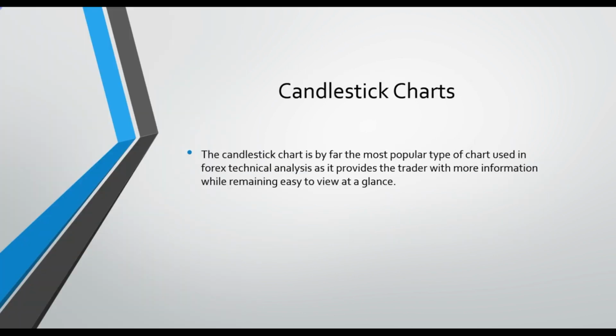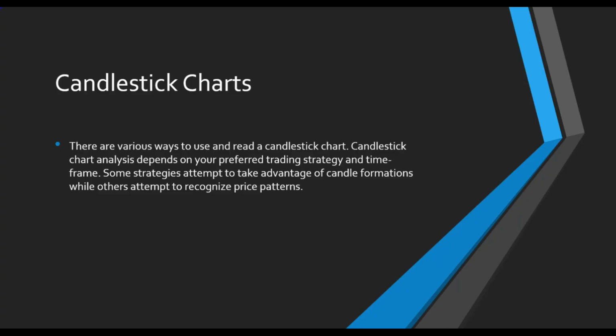The candlestick chart is by far the most popular type of chart used in forex technical analysis, as it provides the trader with more information while remaining in an easy to view format. There are various ways to use and read candlestick charts. Candlestick chart analysis depends on your preferred trading strategy and time frame. Some strategies attempt to take advantage of candlestick formation, while others attempt to recognize price patterns.